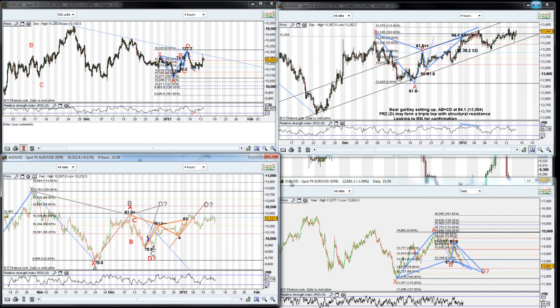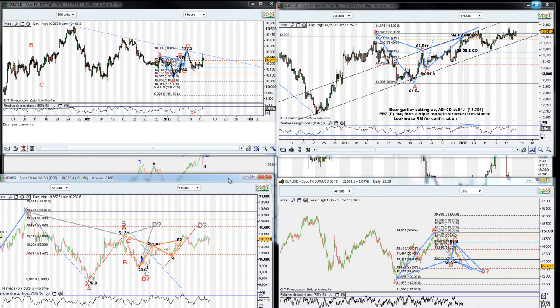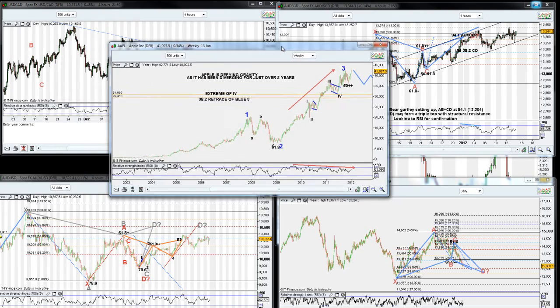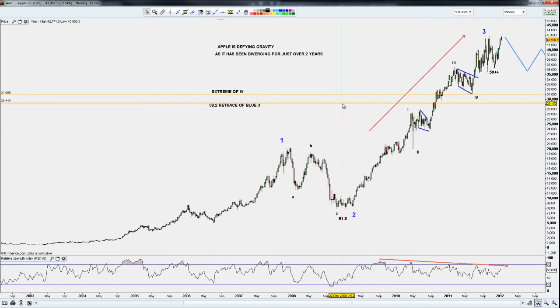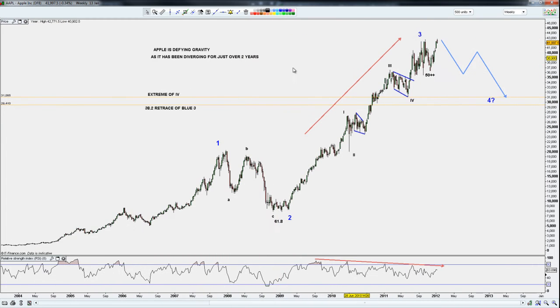Okay. Now, another market I'm involved in is Apple. And I like this one. This is the weekly chart, and from an Elliott wave perspective, I'm seeing this as a 1, a 2, a 3, a 4, and then potentially a 5. So within this, we've got subwave 1, 2, 3, 4, and we should have a 5 up here.